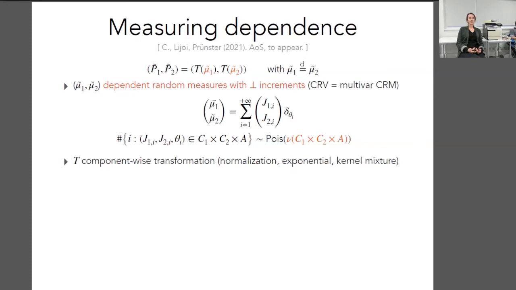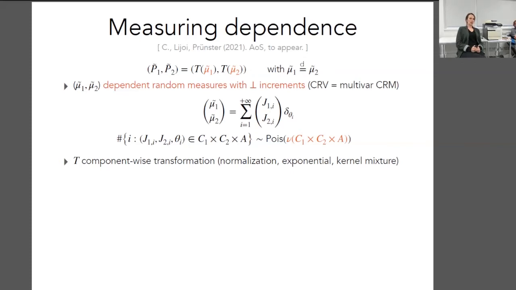And once again, we can show that these completely random vectors are almost surely discrete, and they will have a common set of atoms and some related dependent jumps. So once again, when you want to specify the law for a completely random vector, we can do that through a Lévy intensity. But now the Lévy intensity will be a multivariate one, since it will account for the distribution of the common atoms and the different jumps.